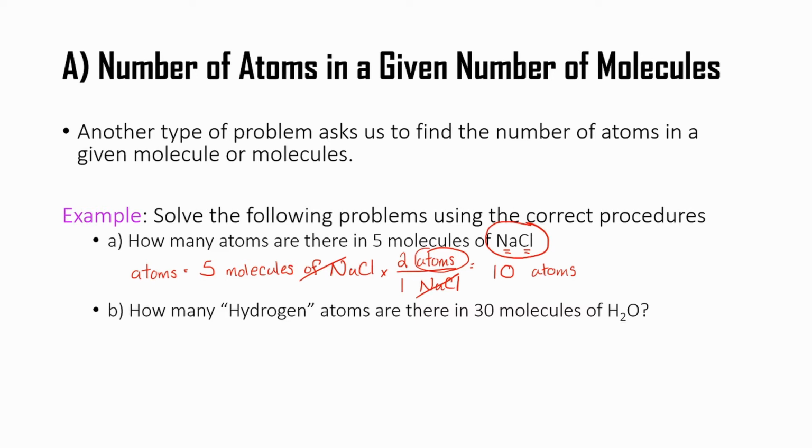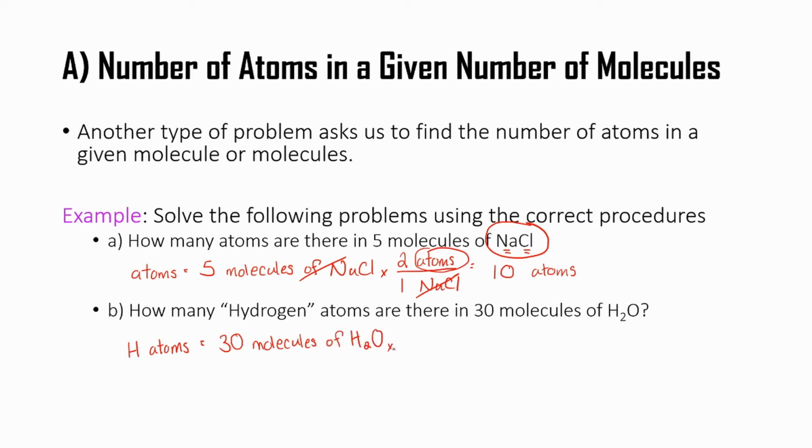Now, another way that these questions can be asked is not just any atoms, but maybe some specific atoms like hydrogen. So here we're asking how many hydrogen atoms are there in 30 molecules of H2O. I'm looking for H atoms, hydrogen atoms, and my starting value here is 30 molecules of H2O.